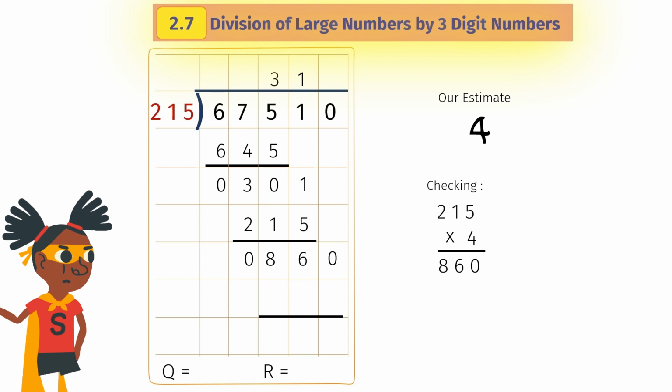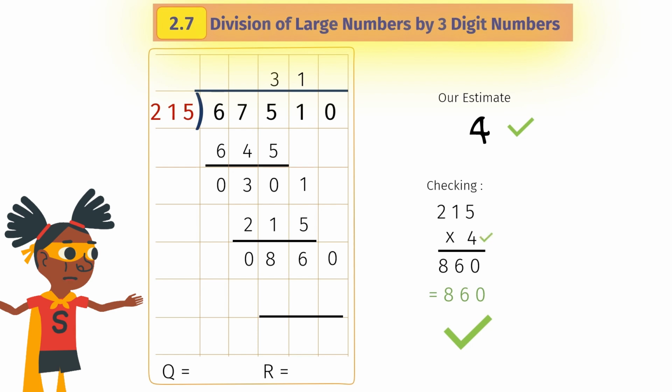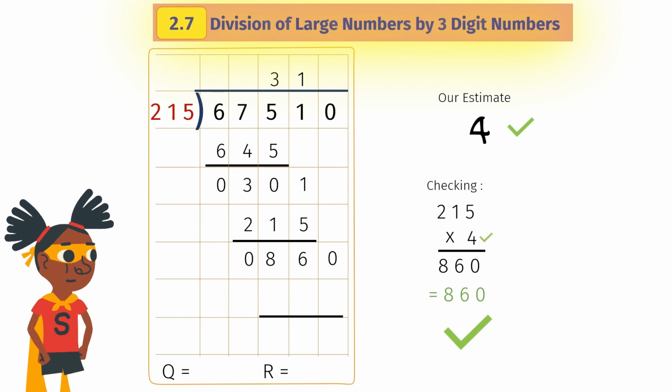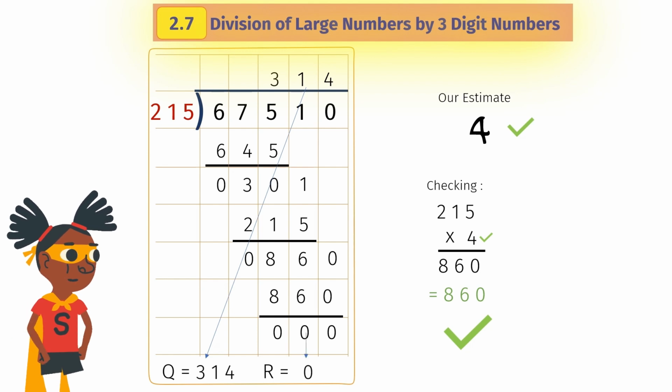Again, we check our estimate 4 by multiplying with 215. We get 860, exactly. Our estimate, again, is correct. We go forward to complete the division. We get quotient as 314 and remainder as 0. This division is complete.